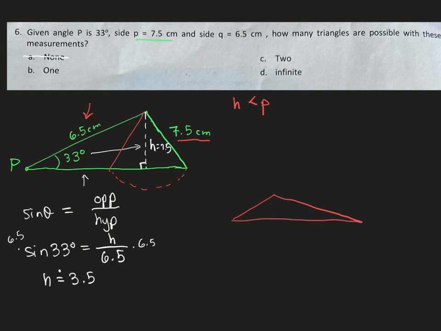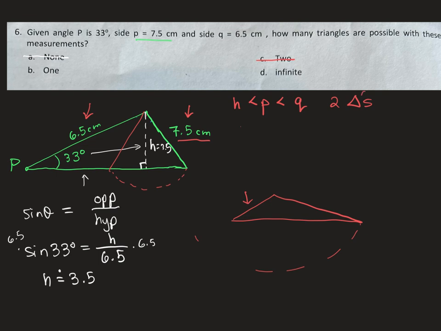If you swing this over, it's never going to reach because it's longer than this side Q. So we will not have two triangles, because whenever the side across from our angle is bigger than the other side, we won't have two triangles. In order to have two triangles, P has to be in between H, the height, and Q, the other side.